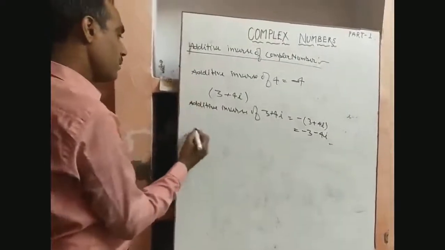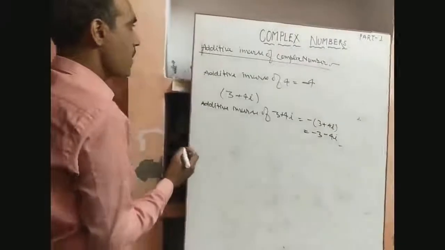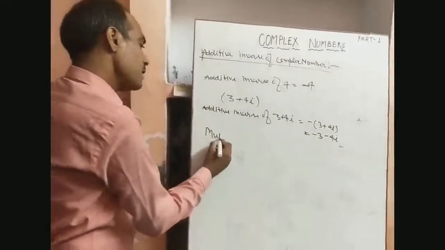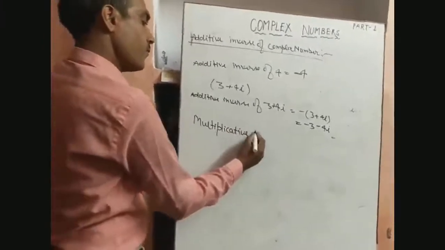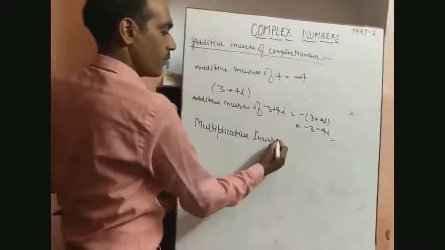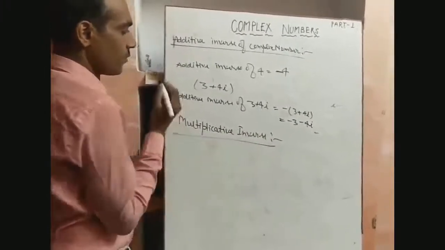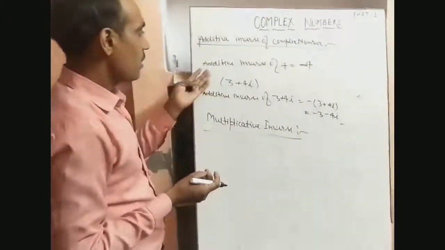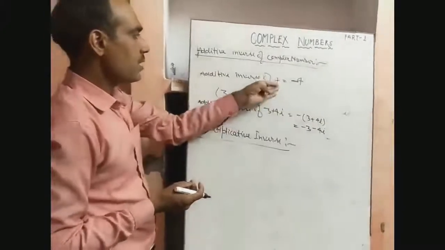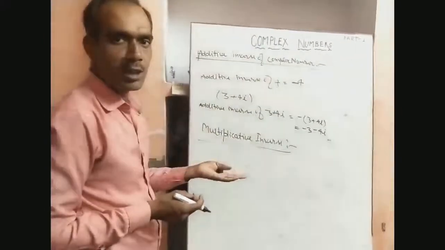After that, what is the multiplicative inverse? Okay. Then we reverse the denominator into the numerator.